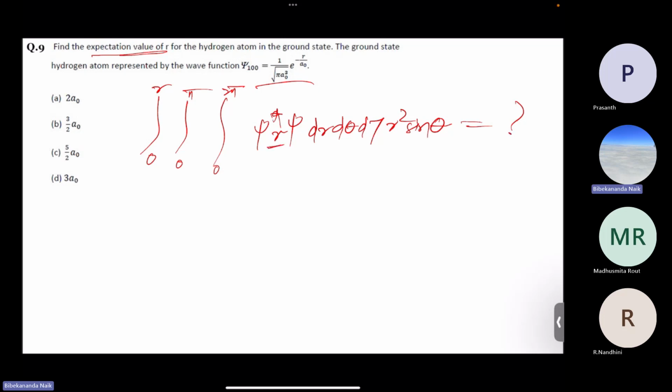So r is here and the remaining parts are here. If you calculate it, what will it give? So the expectation value of r will be 1 by pi a0 cubed, which will be taken out because it is a constant. That will be 0 to r, meaning 0 to infinite. Here it is 0 to infinite.